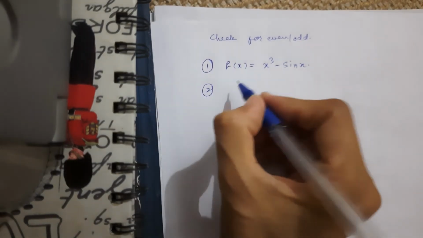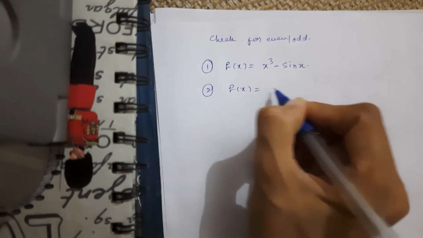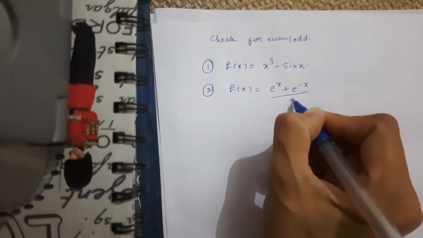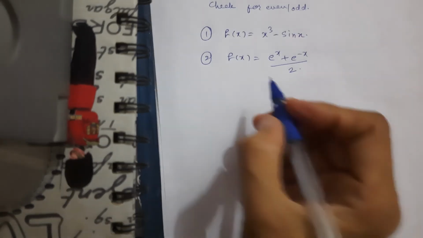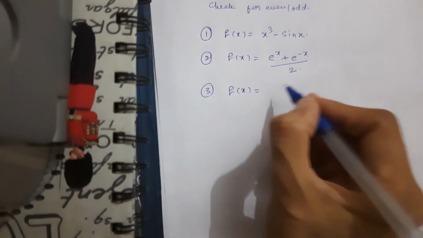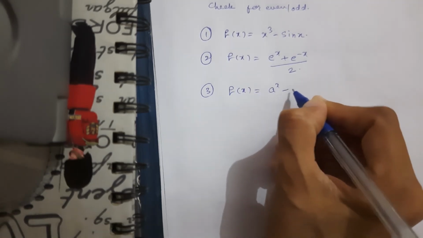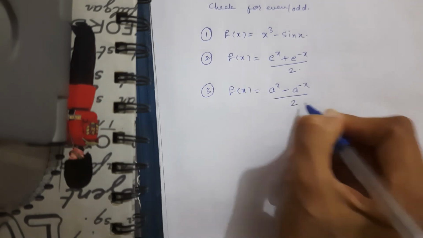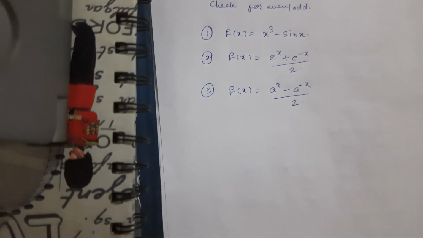The second example is f of x equals e to the power x plus e to the power minus x, divided by 2. Third, f of x equals a to the power x minus a to the power minus x, divided by 2. So just check whether these are even functions or odd functions.